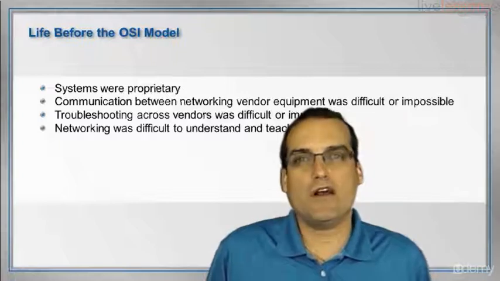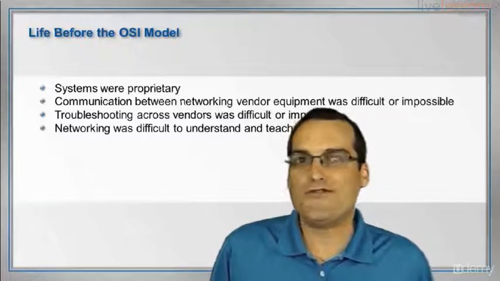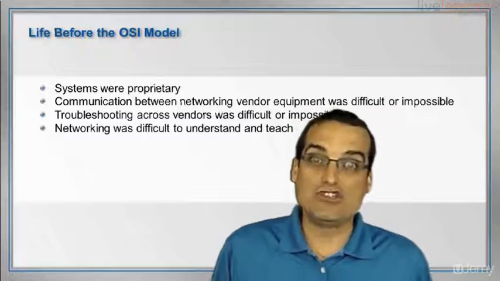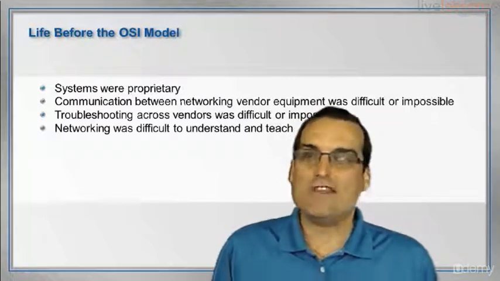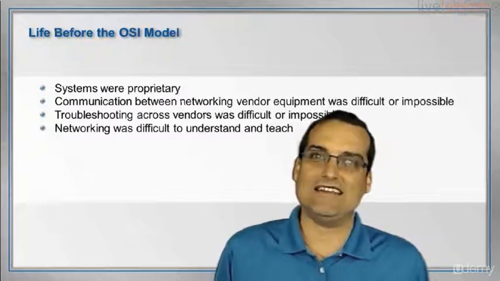We know in the area of wireless networking, for example, there's the Wi-Fi Alliance, whose job is to make sure that all of the different networking equipment can play nicely together.